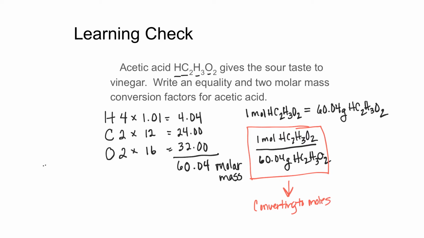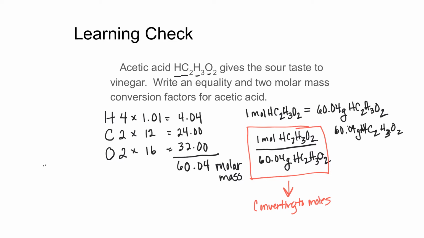Okay. Our other conversion factor would be just the flipped version of this. So 60.04 grams of HC2H3O2.